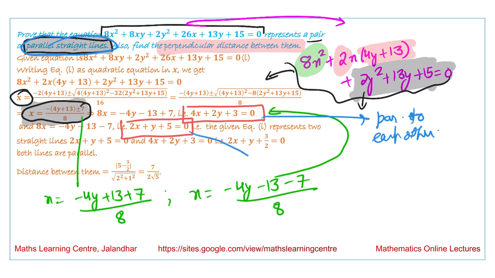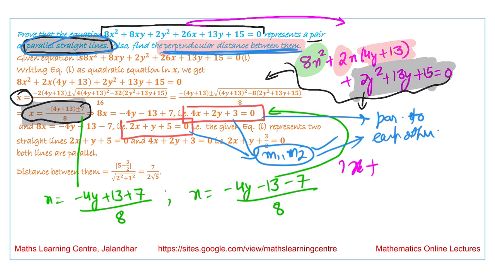You can see by calculating the slope of both these lines that the slopes are equal. So it means both these lines are parallel to each other. Next we have to calculate the perpendicular distance between them, and we know the formula for the perpendicular distance between two lines. We have one line 2x plus y plus 3 by 2 is equal to 0, and the second equation is 2x plus y plus 5 is equal to 0.